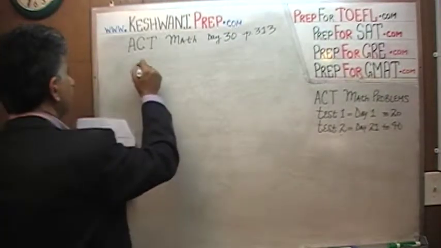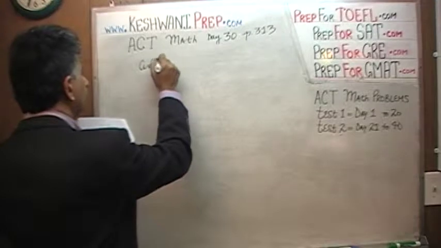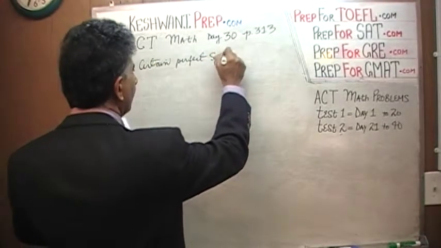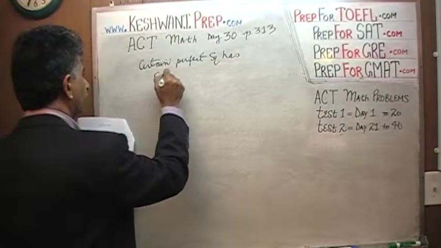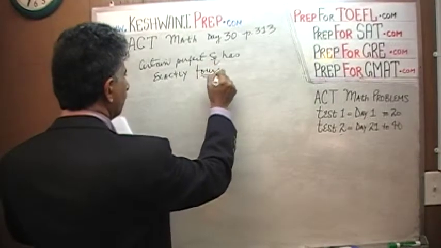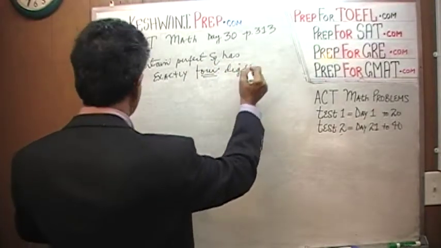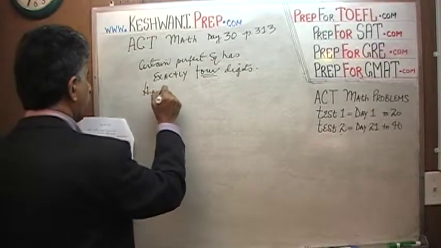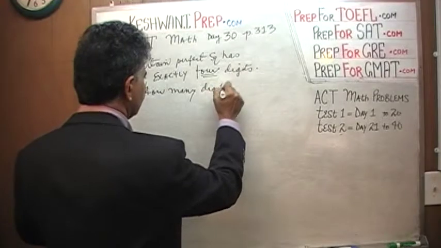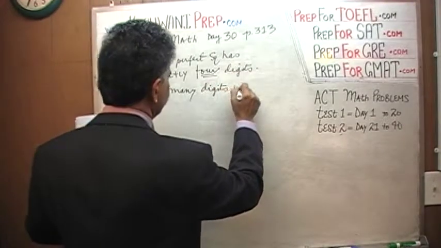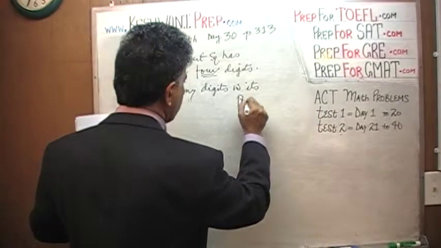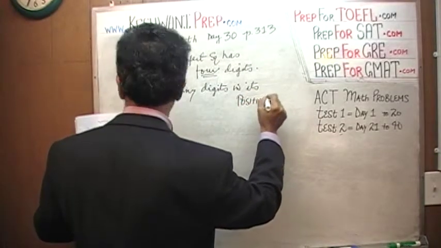Certain perfect square has exactly 4 digits. Question is, how many digits in its positive root?